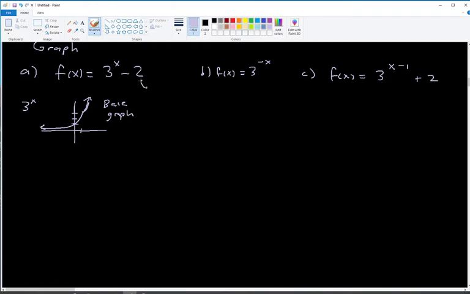When you subtract 2 from 3 to the x like this, for these exponentials, if you're in the power, that's like being inside the function. Anything that's not in the power is outside the function. So this minus 2 is outside, so that'll move our graph down 2 units. Over here, this negative up top is like a negative being inside the function.